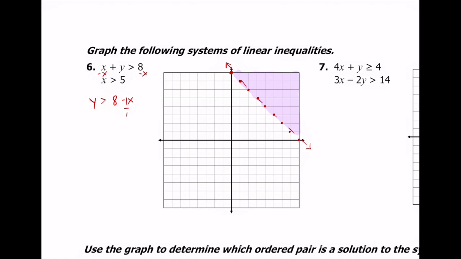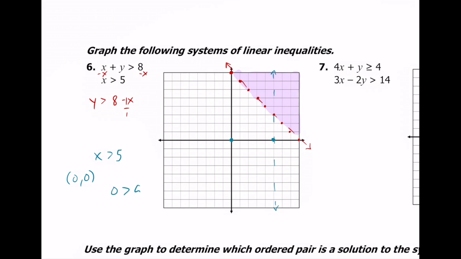Okay, next we have x is greater than 5. So that's going to be a vertical line, so we go to where x is 5, put a point, and we can put our vertical line. And we can use a test point to determine where we shade this. If we're testing the point 0, 0, then that means x is 0.